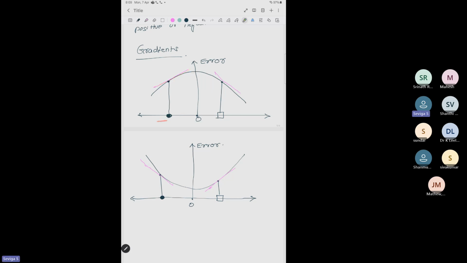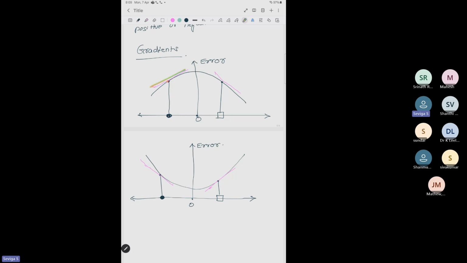Instead, if I move this circled weight to this point, my error is going to reduce. That is shown by the negative slope. The negative slope shows that if I move in this direction, my error is going to be reduced. So for a current error, my weight is here, my current error is at this point. At this point, I draw the slope.